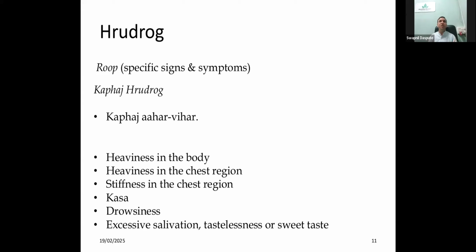The activity has slowed down. That is the feeling. Kasa, drowsiness. So drowsiness is again due to aggravated kapha dosha. Feeling of sleepiness. Drowsiness is feeling of sleepiness.